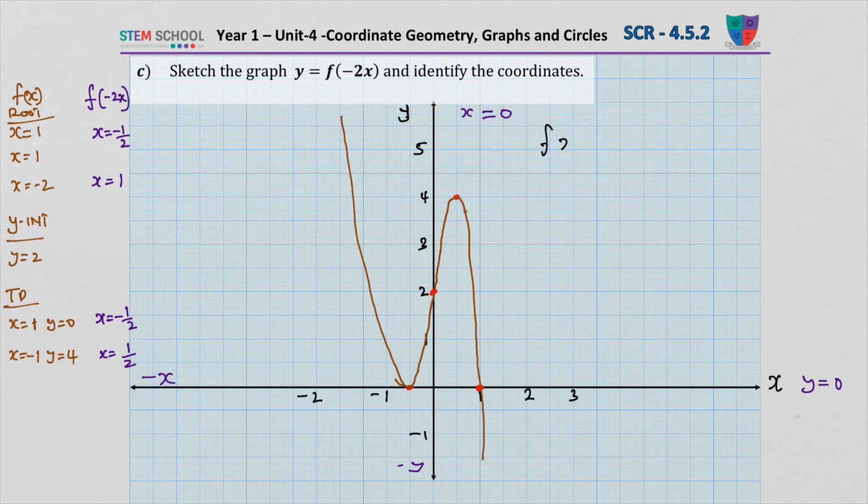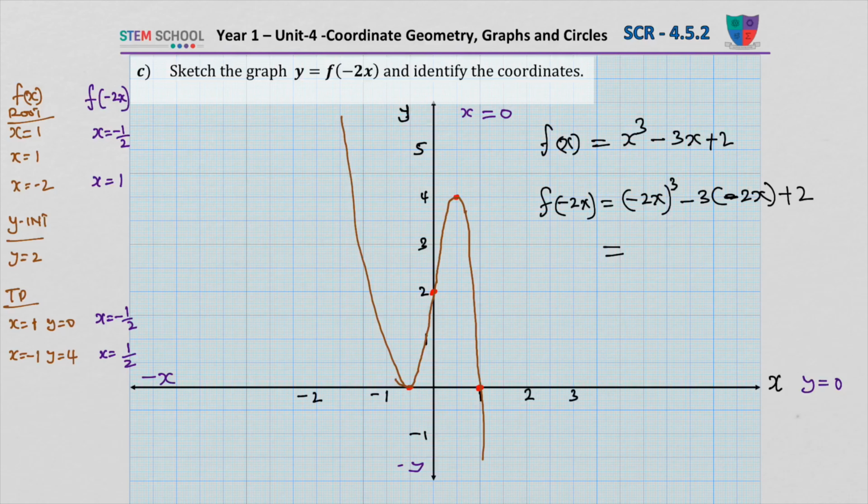Again, f of x, when we multiply out the factors, we got x cubed minus 3x plus 2. So now we replace the x by minus 2x. So we get (-2x) cubed minus 3 into bracket minus 2x plus 2. And if we expand that out, we get minus 8x cubed plus 6x plus 2.